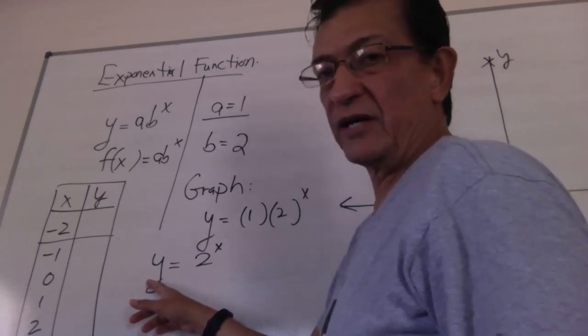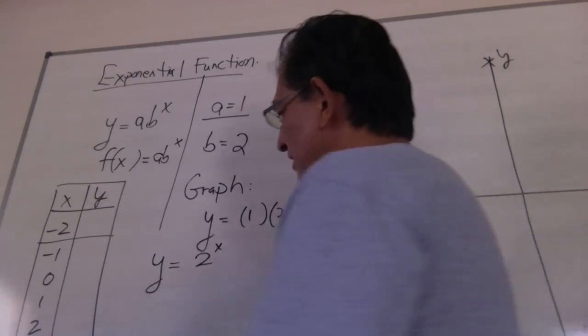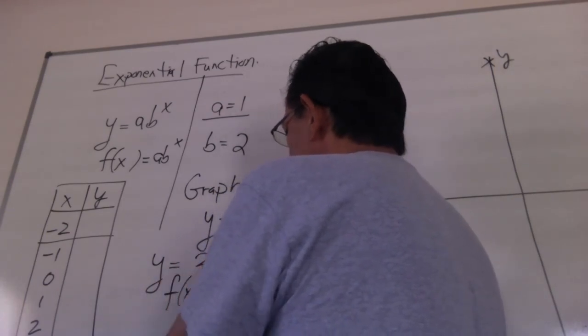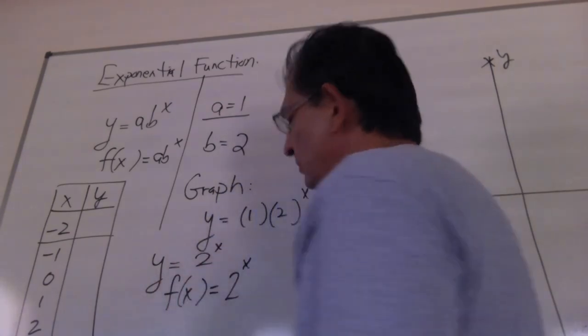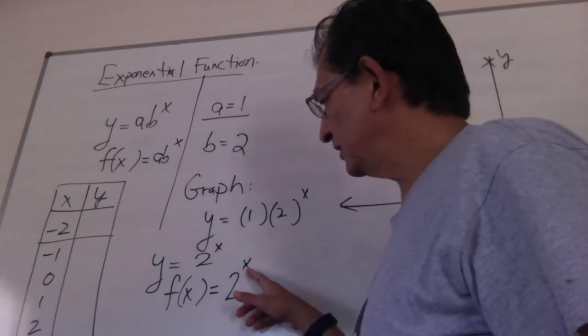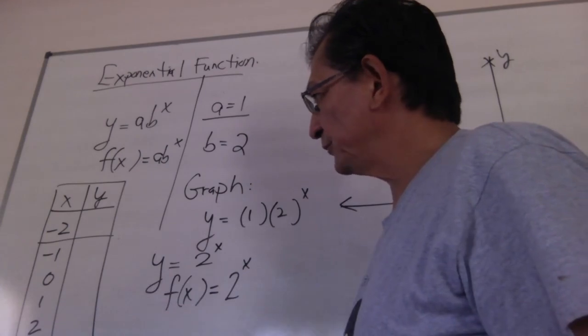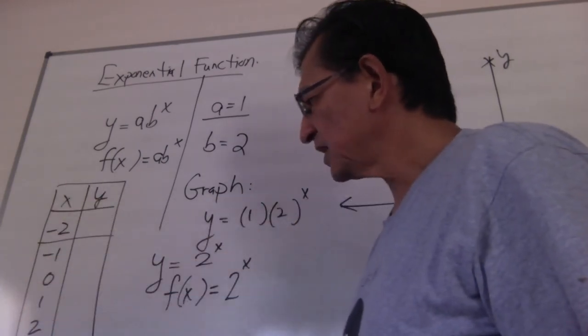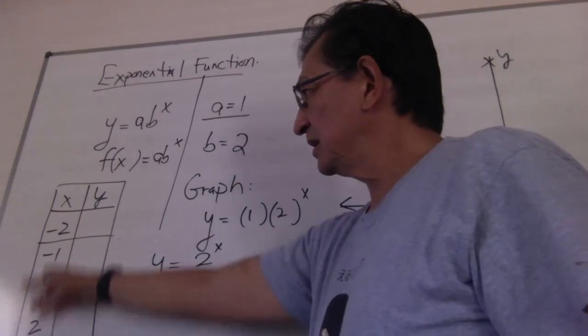Okay, so we're going to graph y equals 2 to the x power, or f of x is equal to 2 to the x power. So remember, this time our inputs are going to be x, and our output is y, which is f of x. Okay, I made a table here, and we're gonna plug in these values here.